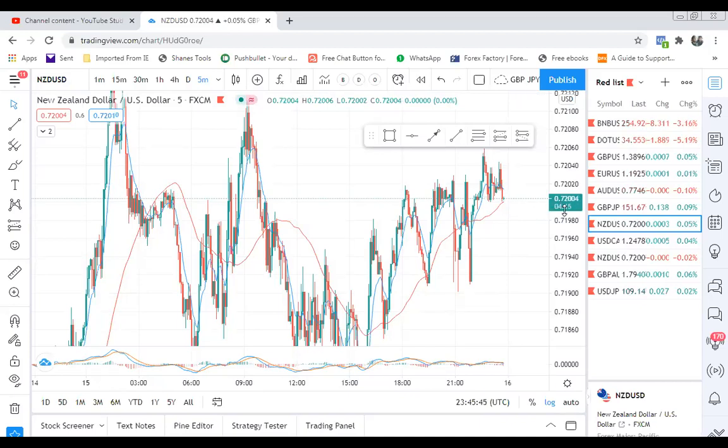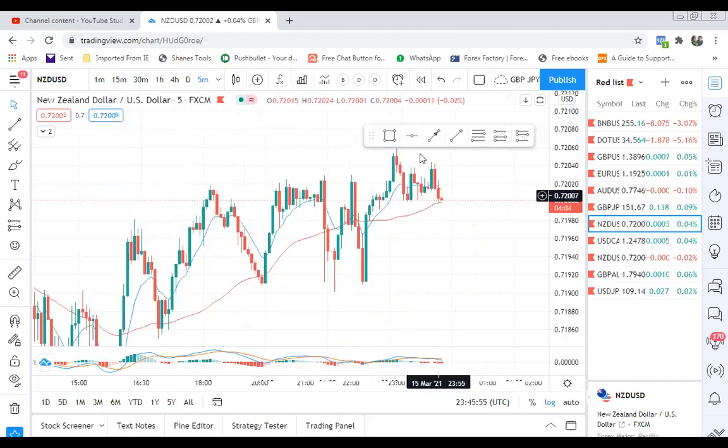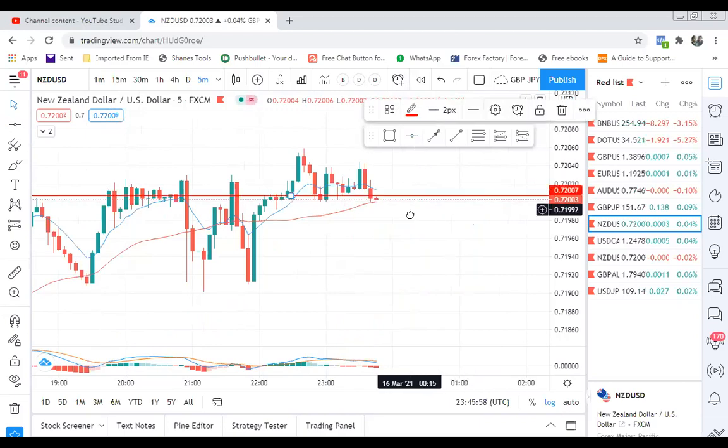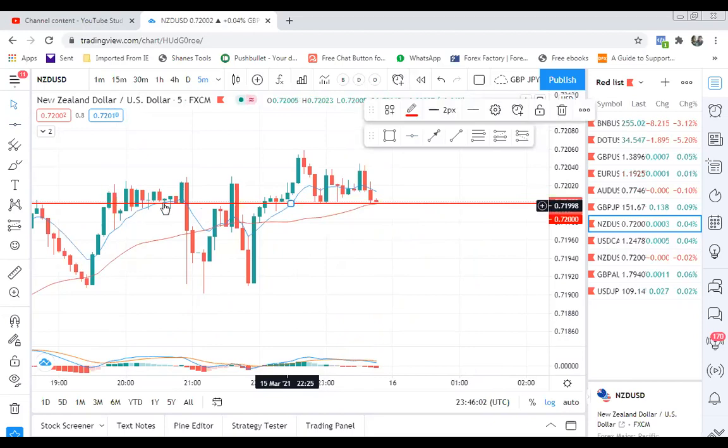So you want to ask yourself, if you're a price action trader, what is market doing now at this level? When you view out to see what market is doing, you can spot support and resistance zones to see that it has supported here before, supported here before, supported here before. Now market is also supporting here.